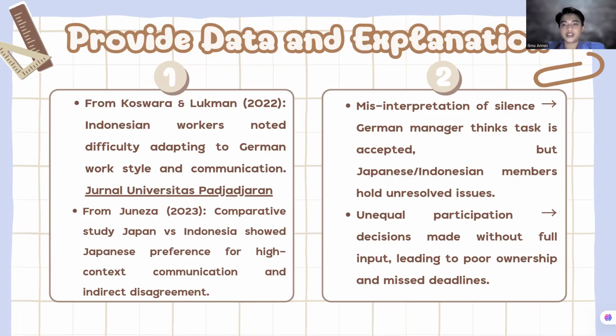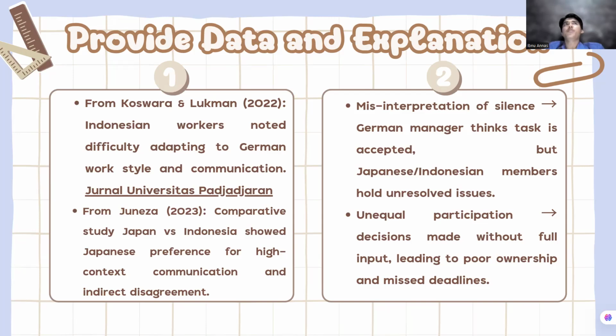And the second is the explanation for number two, the misinterpretation of silence. The German manager thinks that the task is maybe accepted, but the Japanese or Indonesian members hold unresolved issues. Why do they hold the unresolved issues? Because they don't want to make it get worse in the future. And the second one is unequal participation.